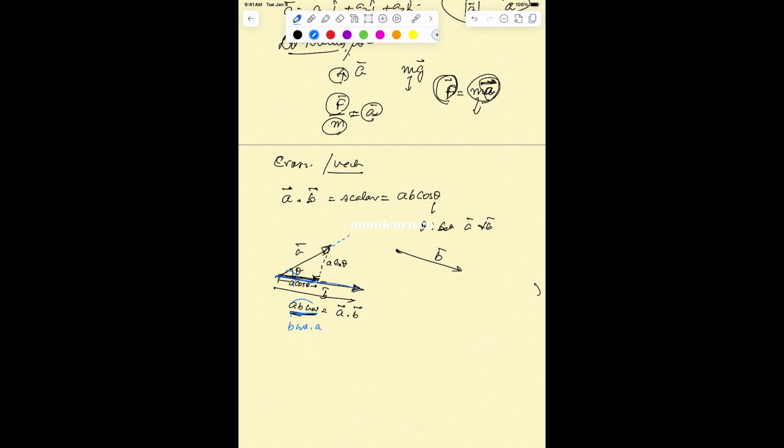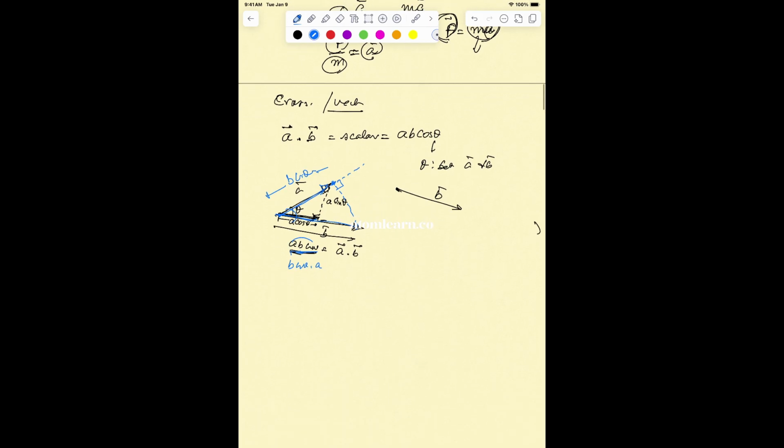When you extend a a little bit like this and drop a perpendicular from the end of b, the length up to this particular point is b cos theta. Therefore, b cos theta is the whole extended length, multiplied by the smaller length, which is a. That also gives you the same value, because ab cos theta is nothing but ba cos theta. Both can be thought of like this.